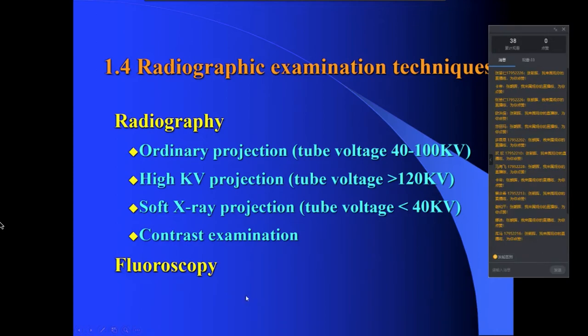Nowadays, commonly used techniques for radiography include ordinary projection with tube voltage running from 40 to 100 kV, high kV projection with tube voltage higher than 120 kV, and soft tissue projection with tube voltage smaller than 40 kV.